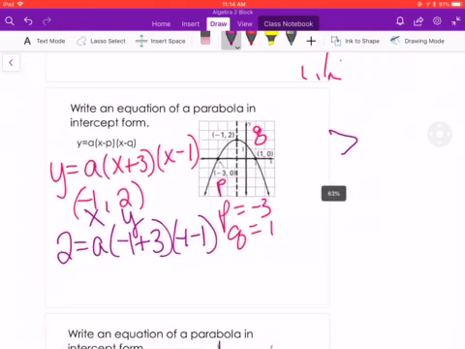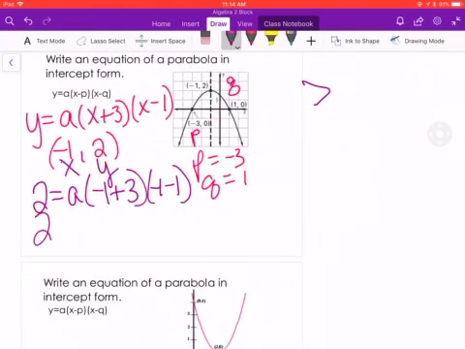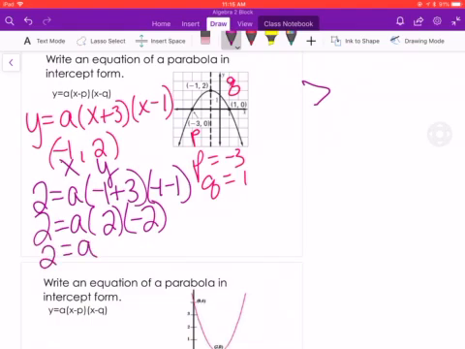So first thing I'm going to do is evaluate what's in the parentheses here. I'm going to get 2 equals A. -1 plus 3 is 2. -1 minus 1 is -2. So that's 2 equals A. 2 times -2 is -4. Then to finish solving for A, I can divide both sides by -4.